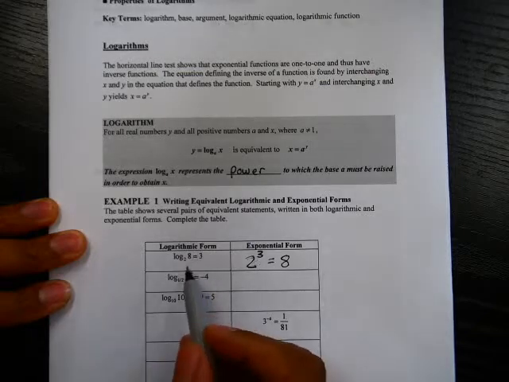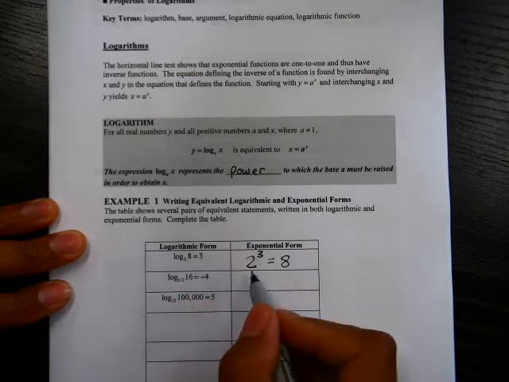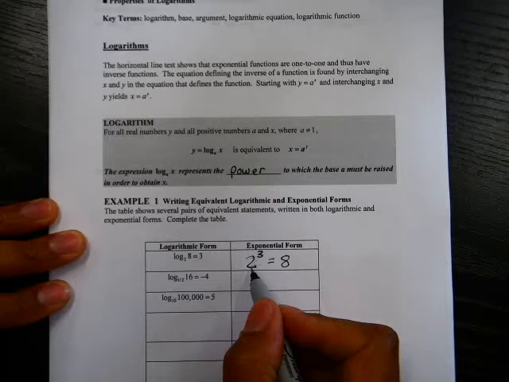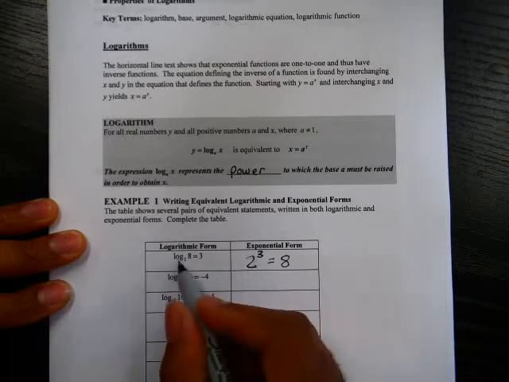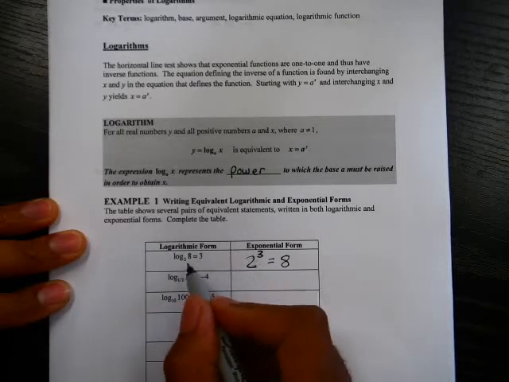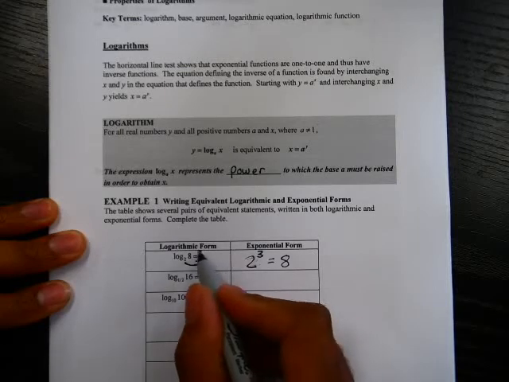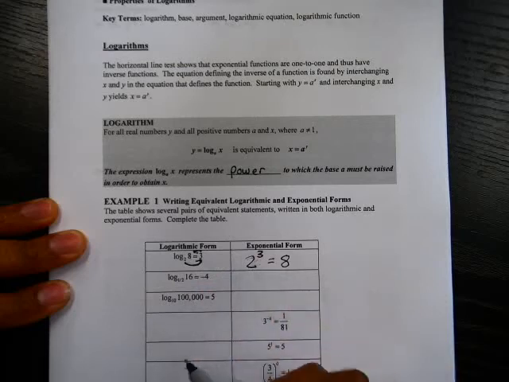Okay? So you always take the base of the logarithm as the same as the base of your exponential expression. Alright? You go in this general direction. So 2 to the third power is equal to 8.